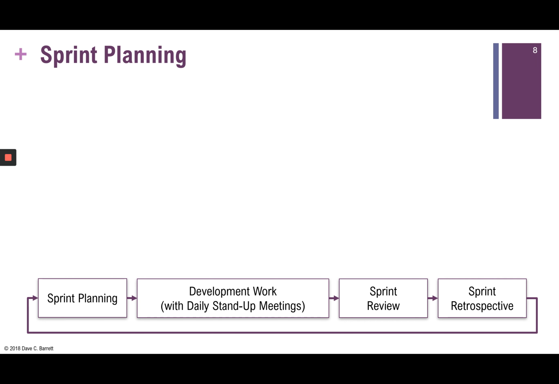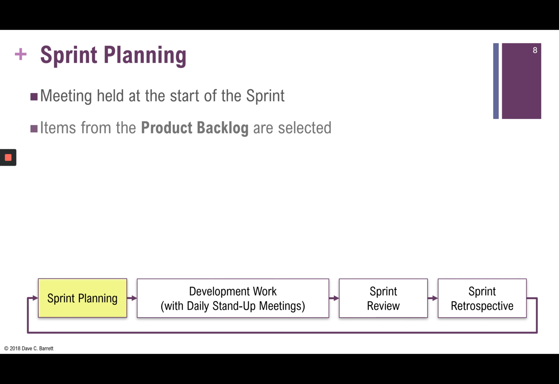We're now going to move on to the first step of the sprint, and that being sprint planning. It is held at the start of the sprint. So if we assume a sprint starts on a Monday, which is usually a good idea, the sprint planning meeting would be held first thing Monday morning. During that meeting, the purpose of it is to select items from what is known as the product backlog.